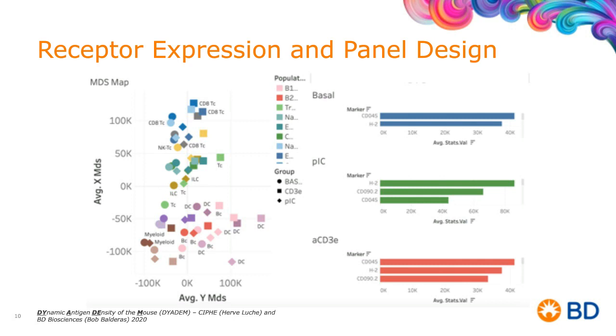So I just took a snapshot of one little piece of data. But in the mouse world, we could do something very, very different. So in this field, we looked at basal expression. We stimulated with anti-CD3, and then we also injected those mice with poly-IC and looked at an inflammatory response.